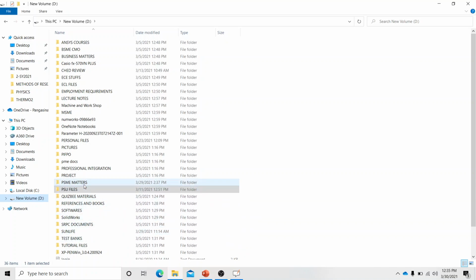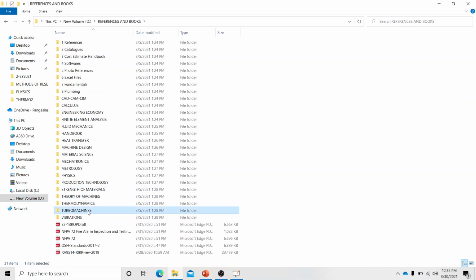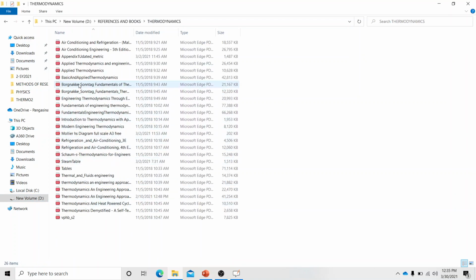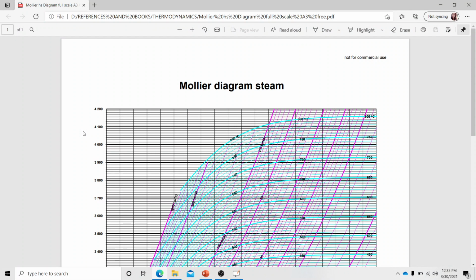Saan ba yun? Molar chart. Ayan. So, ang pressure natin ay 2.34 MPa.